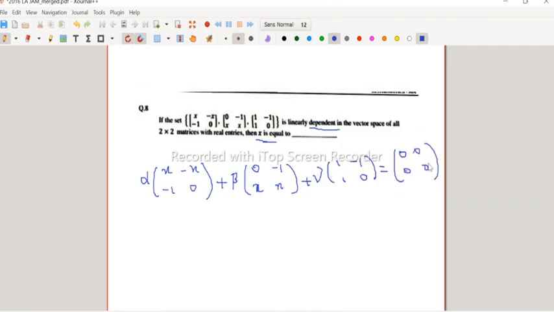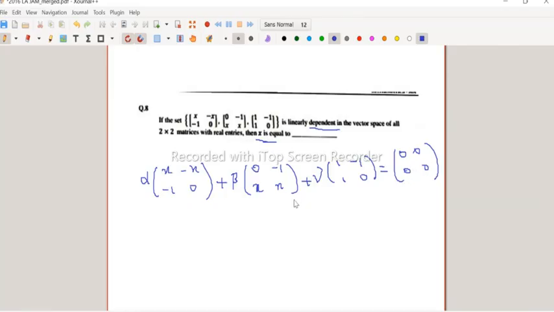Now, if all of alpha, beta, gamma are 0, then these matrices are linearly independent. But we need the set to be linearly dependent. Therefore, at least one of alpha, beta or gamma should be non-zero. If at least one of the alpha i's is non-zero, then it's linearly dependent.